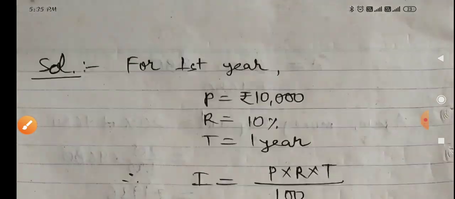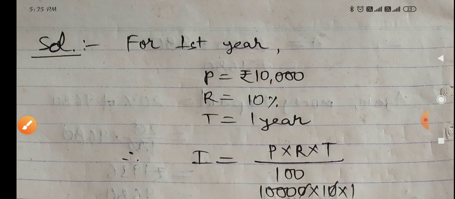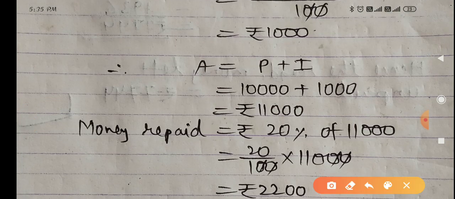For first year, principal is 10,000, rate is 10%, time is 1 year. Interest of first year is PRT upon 100, 10,000 into 10 into 1 upon 100, 1,000 rupees. So amount at the end of first year is 10,000 plus 1,000, 11,000 rupees.